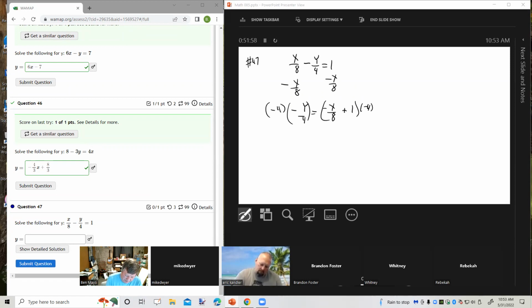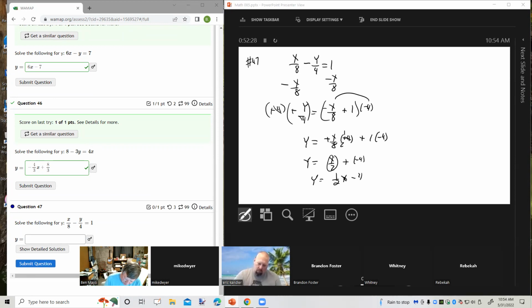Negative times negative is positive, and the 4 is reduced down to y. So here I get what? Negative x over 8 times negative 4 plus 1 times negative 4. Negative times negative is positive. 4 over 8 is 1 over 2. So I've got x over 2 plus what? Negative 4. So I'm going to write that as 1/2 x minus 4.